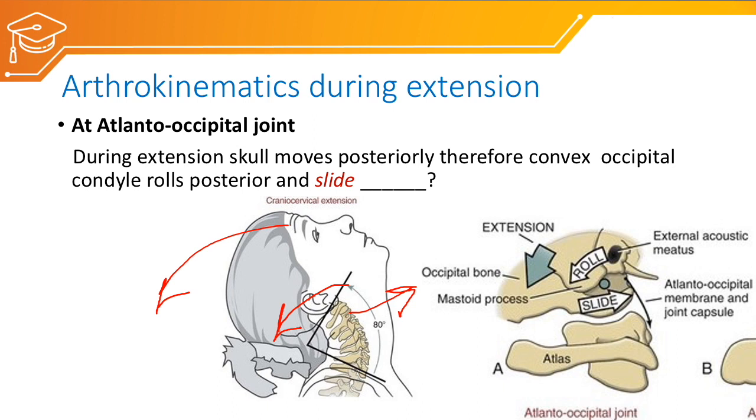So during extension, the skull moves posteriorly, therefore the convex occipital condyle rolls posteriorly and slides anteriorly. You can see in the second diagram, the convex occipital condyle rolls and moves posteriorly to create the extension. Therefore, the sliding of the occipital condyle will be anterior, according to the convex-moving-on-concave rule.